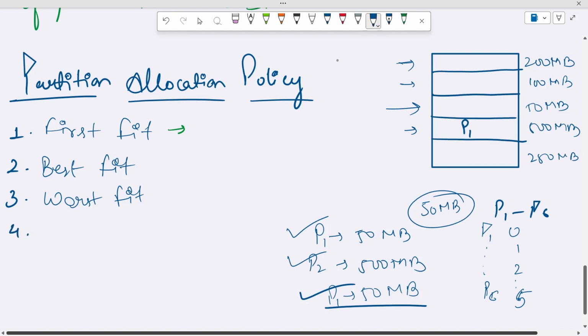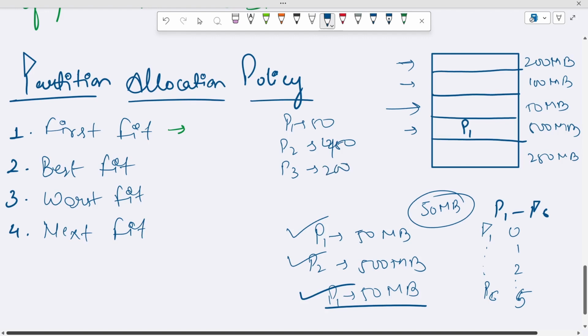Now the fourth, or last one, is called next fit. What does this mean? Let's say we have a process P1 which needs 50 MB, P2 which needs 450 MB, and P3 which needs 200 MB.